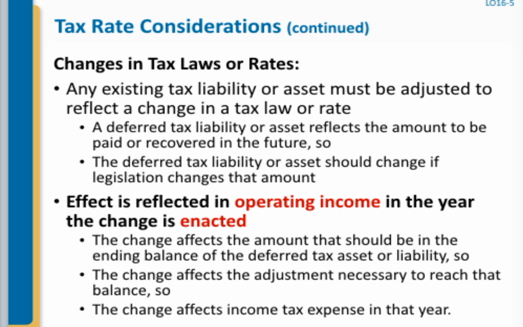So basically, as soon as we get the information, that's when we're going to push it through onto the income statement, because operating income is our revenue minus expenses. So that is essentially what we're capturing in our income statement.